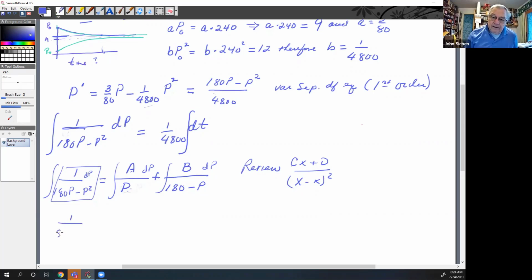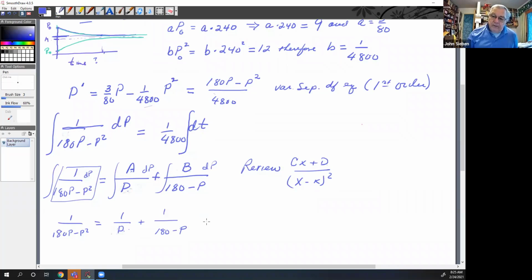1 over 180p minus p squared is equal to 1 over 180 times, no, this is just a p, 1 over p plus 1 over 180 minus p.